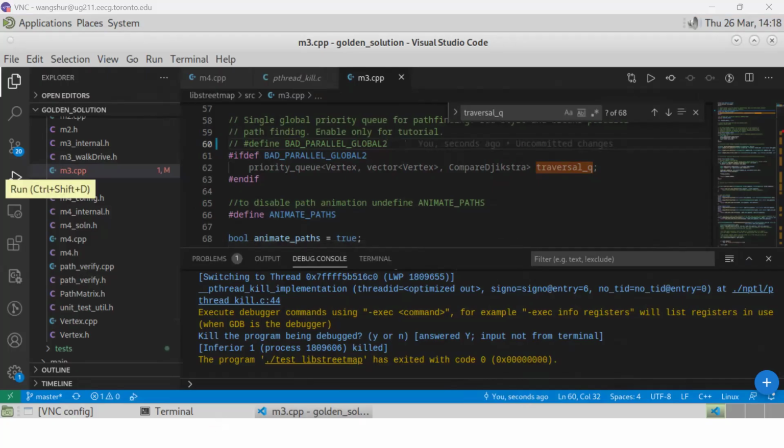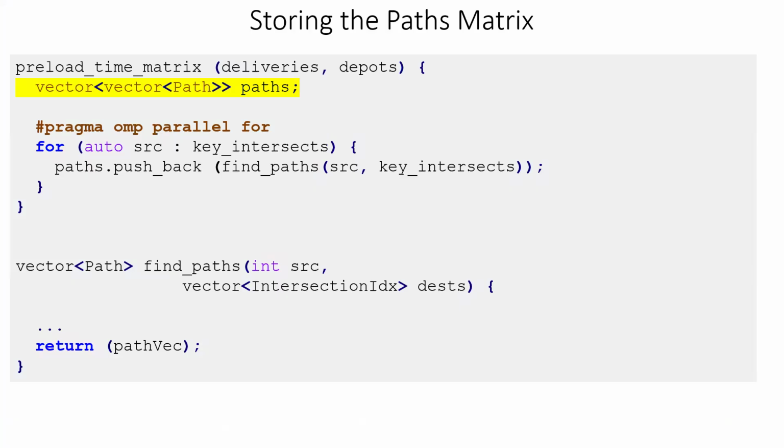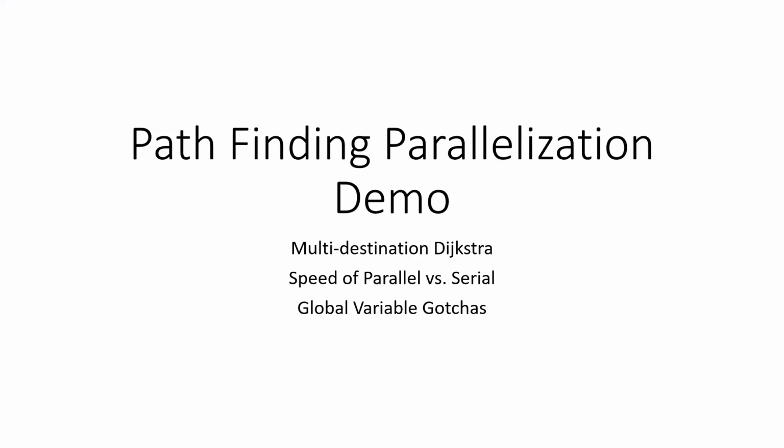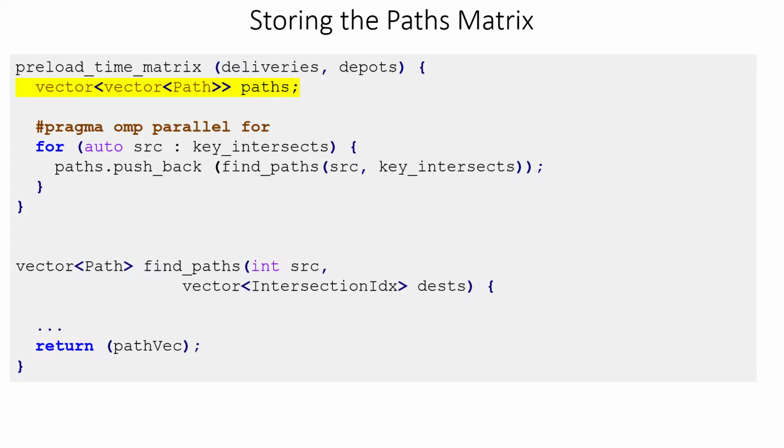All right. So that's that. Recall estimating the travel times and saving them into a 2D array or matrix. We can store the matrix into a vector of paths like this.